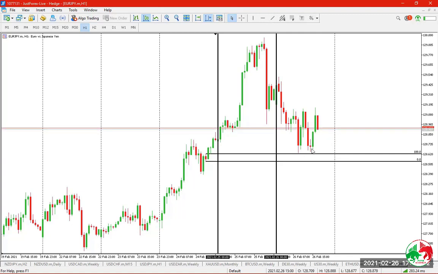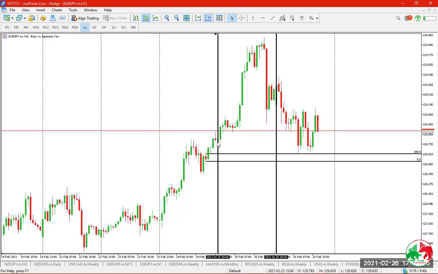Yes, I think this could be. There's a video I have that explains this type of setup we are looking for. Basically, if this was my rally base rally, your first entry will be on this rally base rally.